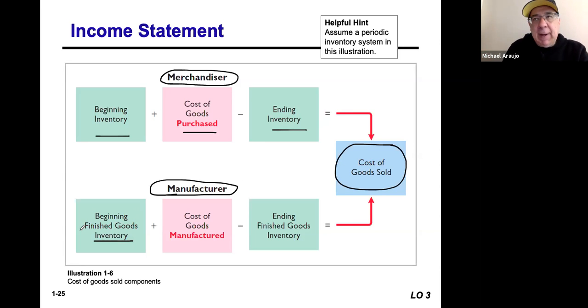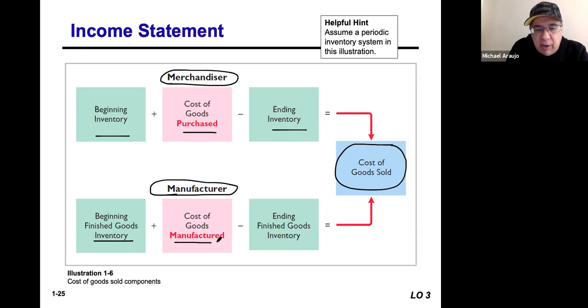For example, for a car manufacturer, the finished goods would be the cars that are ready to roll and be sold to customers. That would be different than goods still in work in process, where there might just be a chassis with a bunch of things attached, but no wheels, no engine. That's an important difference. So, beginning finished goods inventory.